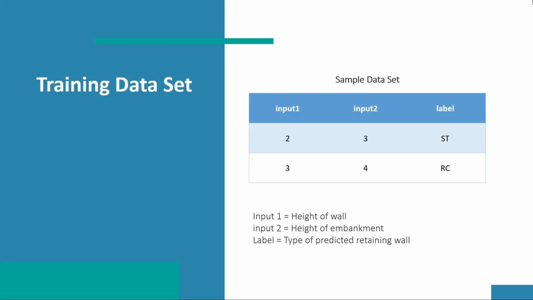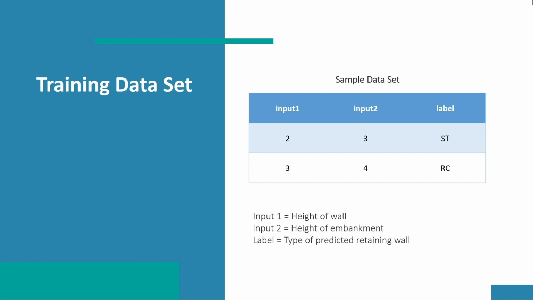So here is our sample training dataset. We'll be having two inputs or two features, and we'll be having one label data. The first input will be our height of wall and the second input will be height of embankment, and the label would be the type of predicted retaining wall.